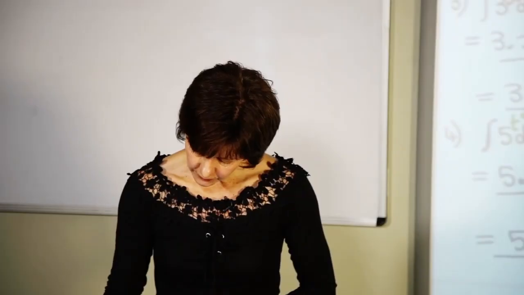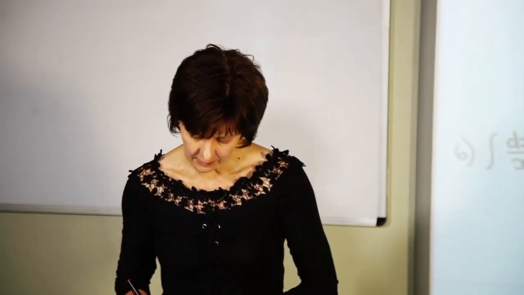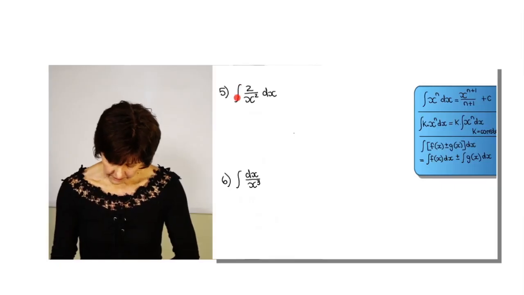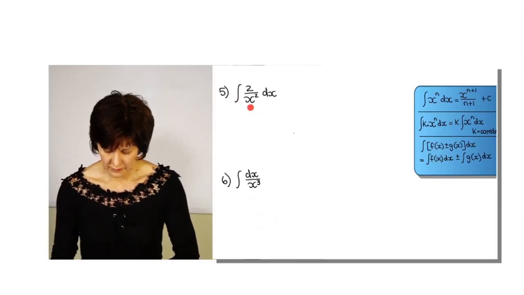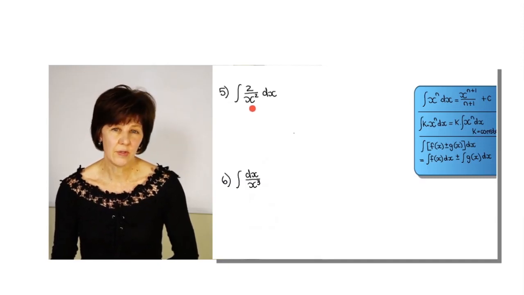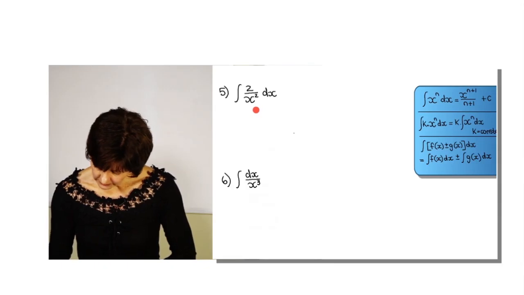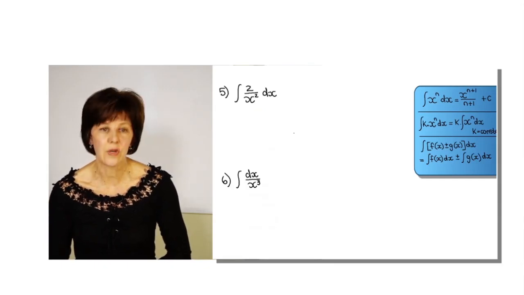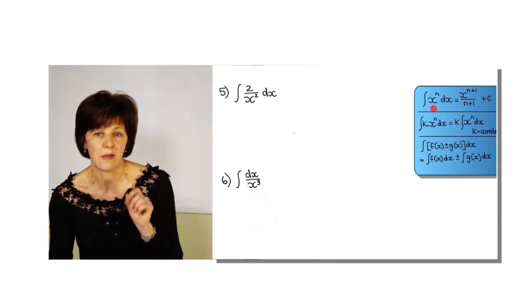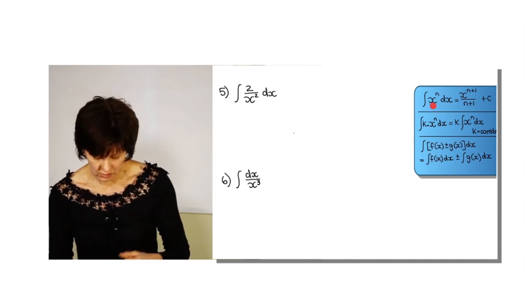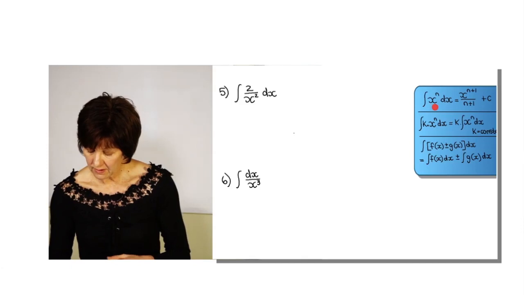The next example, number 5, says I have to integrate 2 over x squared. Now, I have to look very carefully. What I know is the rule that I have says if you've got an x to the power n, which means x is in the numerator, not in the denominator, then I have a rule to apply.